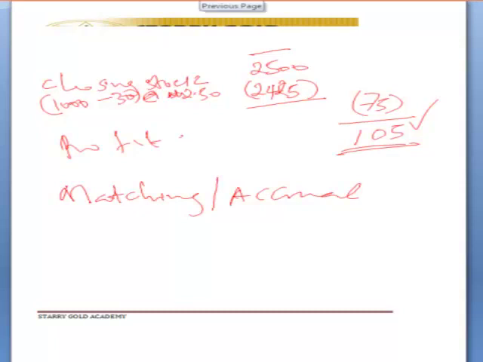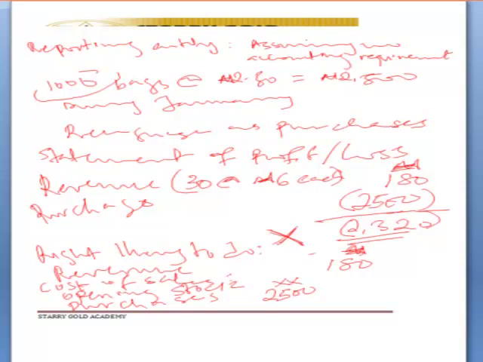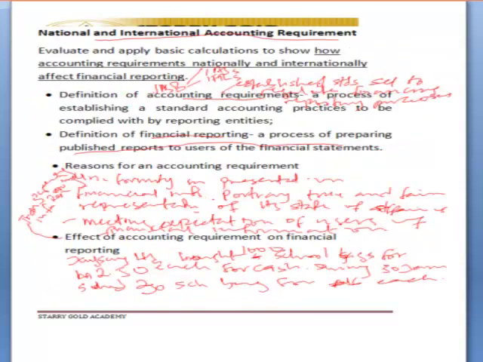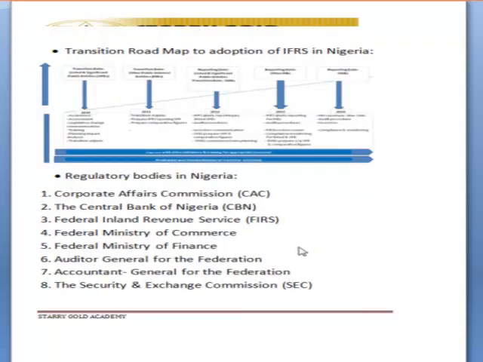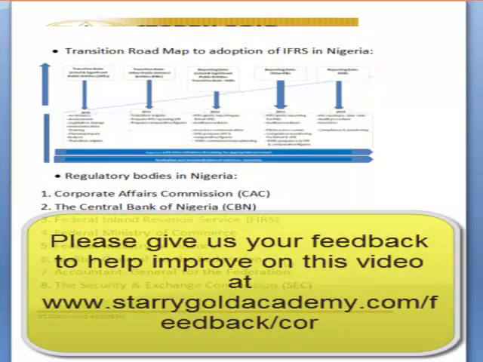So that is all about the effect of our accounting requirements on financial reporting. It makes sure that our financial figures present a true and fair view. As a case study, prior to recent times, the Nigerian Accounting Standards Board, NASB, was responsible for issuing statements of accounting standards.